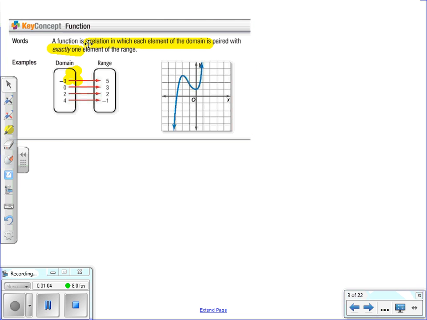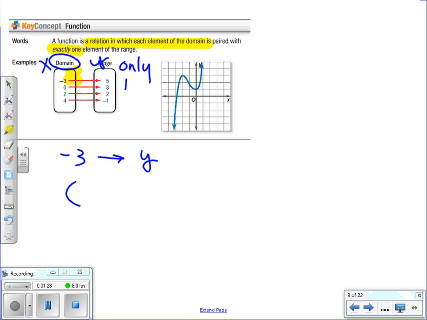Every x, every domain or x value is paired with only one y value or range. So if I have -3, it can only be with one y value.